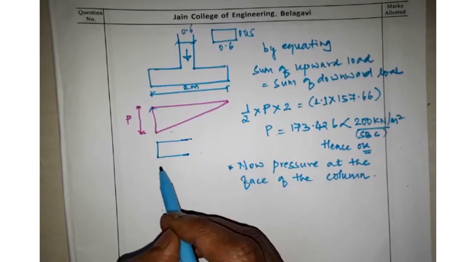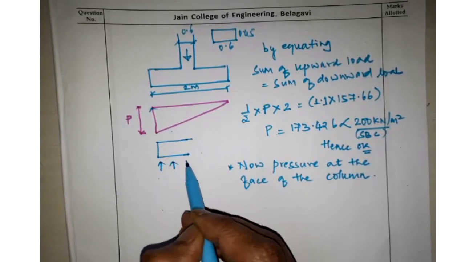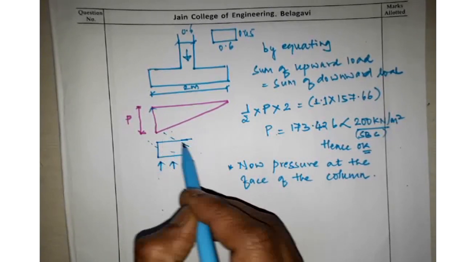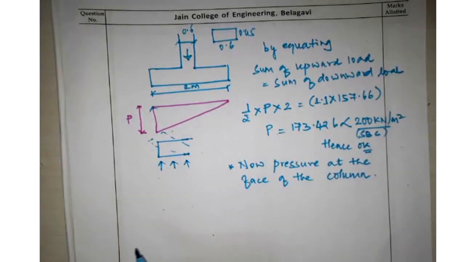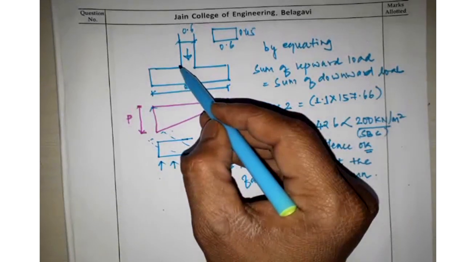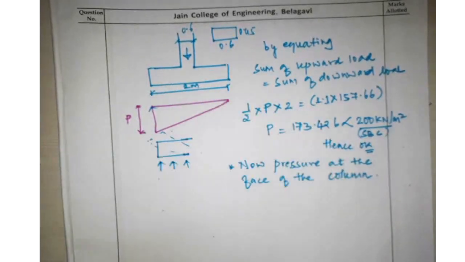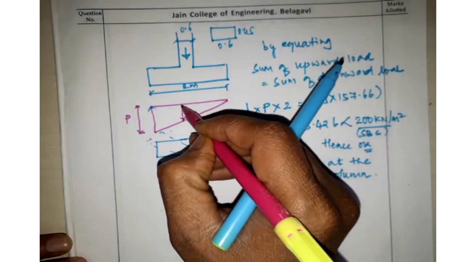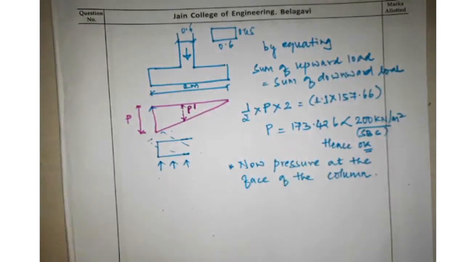So what will happen? Because of the uplift pressure, it will bend like this. The bending will be like this. Okay, so for that you have to find out the intensity of pressure at the face of the column. So to get that, what you have to do? You can use again, this I'll call P dash.